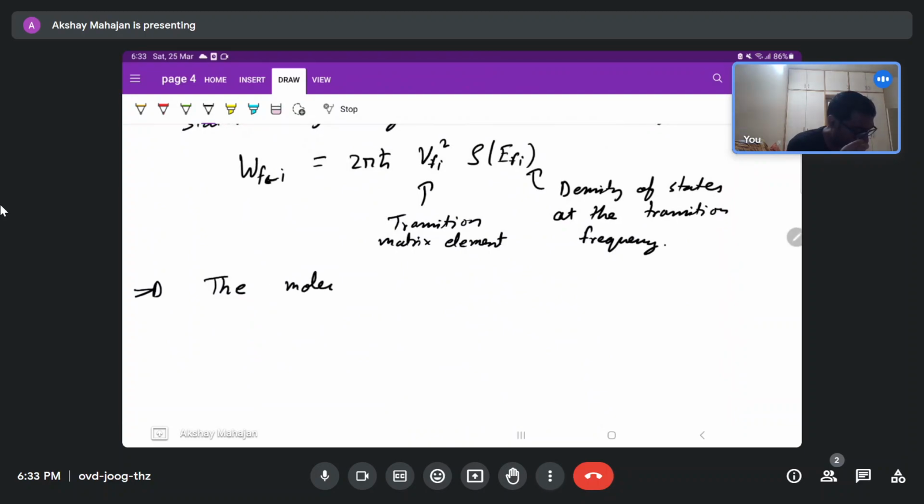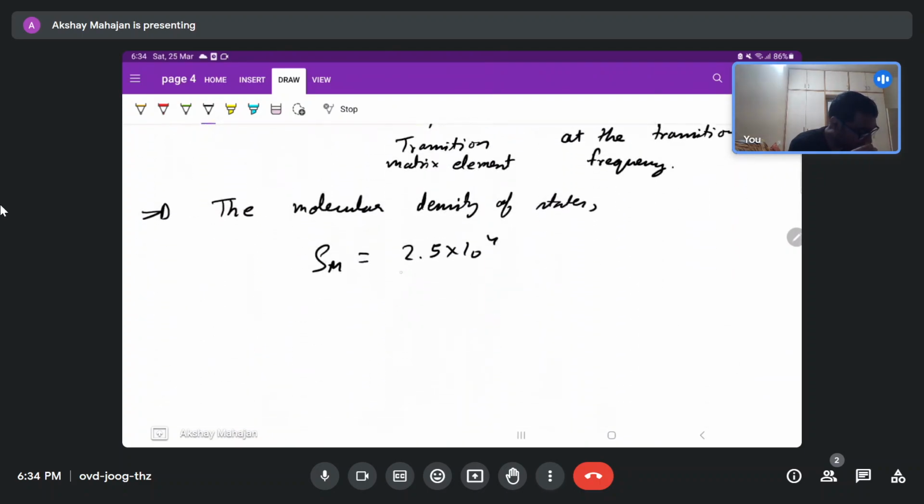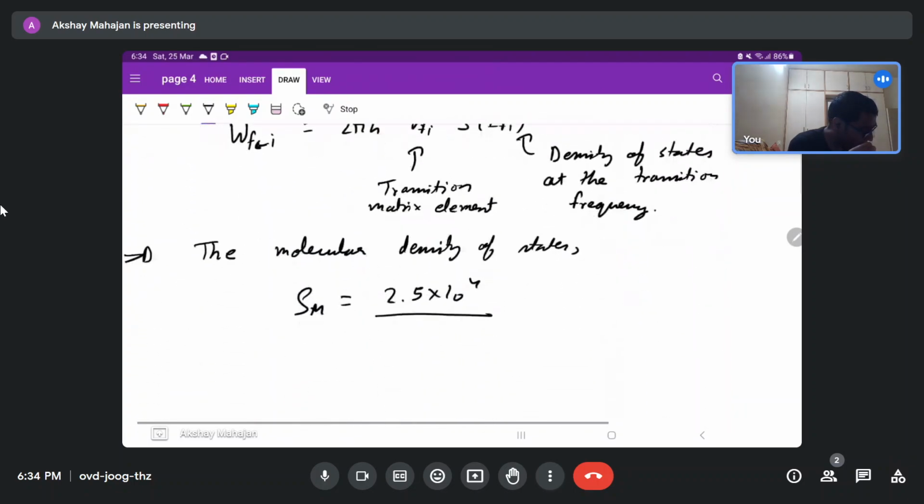So the molecular density of states, this rho m, will be given by the total number of states, which is 2.5 times 10 to the power 4, within a range of 1.5 attojoule, and 1 attojoule is 10 to the power minus 18 joule.